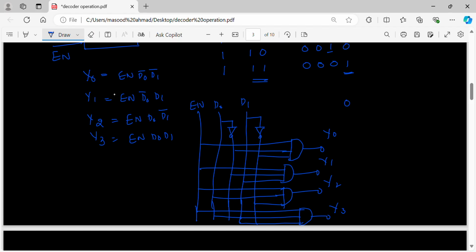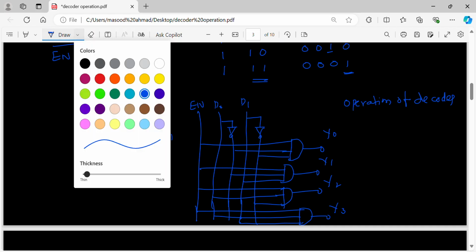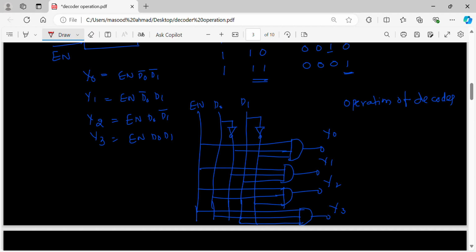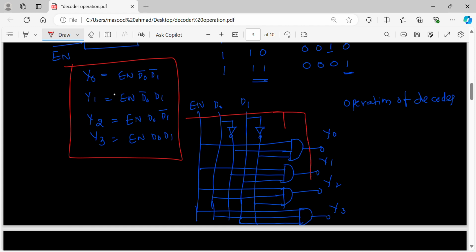So, we have understood the operation of decoder. Then we have done the design also. How we got the design? From input output relations. What input output relations we have got? From these input output relations, we have drawn the circuit. So if you see this, these are the inputs, these are the outputs.